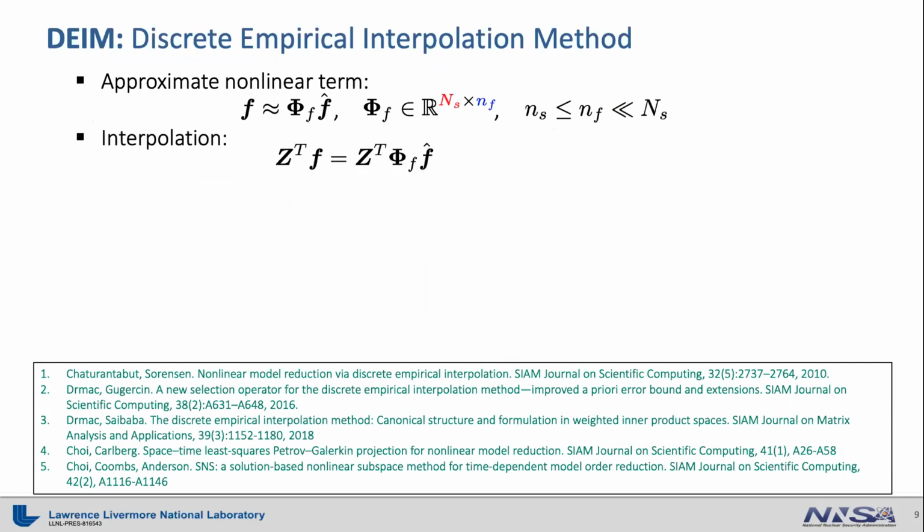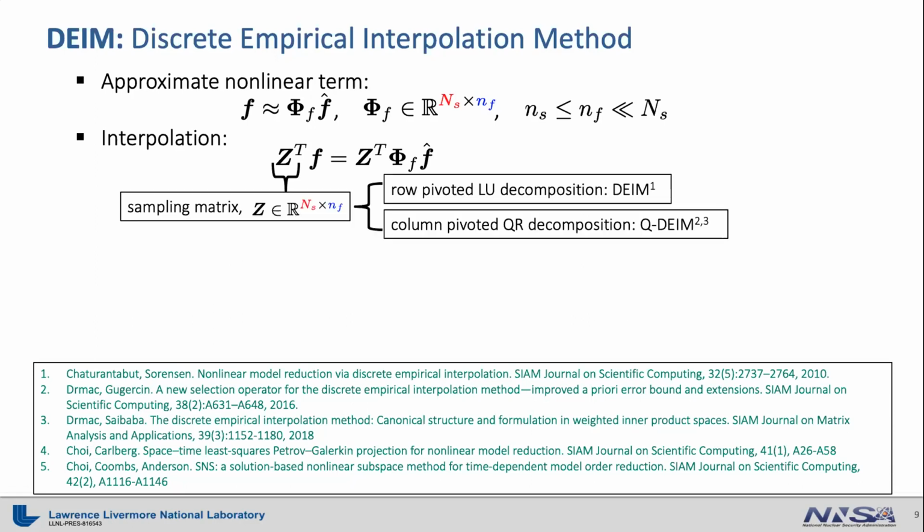Then it introduces a sampling matrix Z, which selects an important subset of the nonlinear term. So after the action of Z on nonlinear term F, only the subset of F will be evaluated. Now the sampling indices of the matrix Z can be obtained through various algorithms. DEIM and QDEIM are the popular ones.